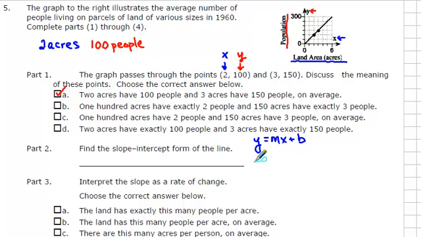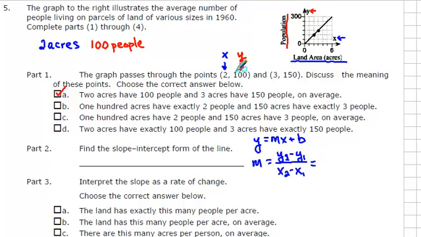So let's recall our formula for finding the slope. The slope is equal to y2 minus y1 divided by x2 minus x1, where x1, y1 are the coordinates of the first point, and x2, y2 are the coordinates of the second point.